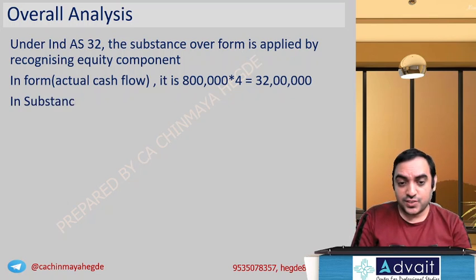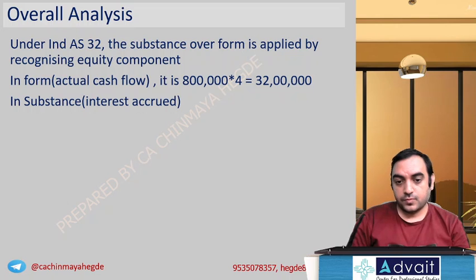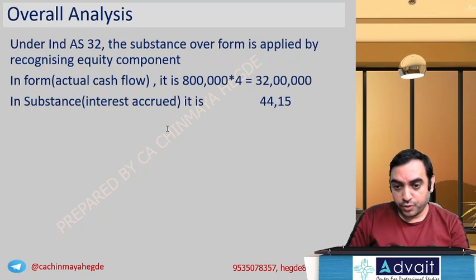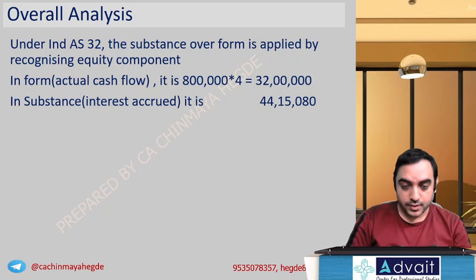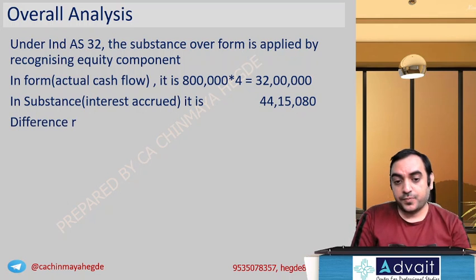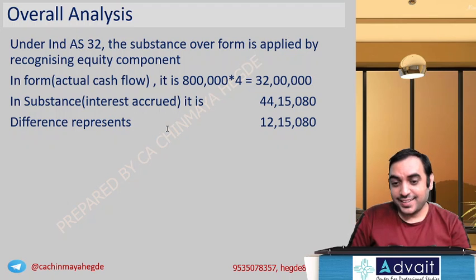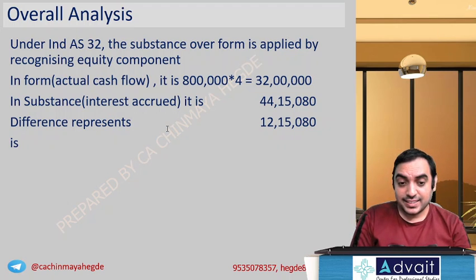In substance, that is interest accrued, we calculated 44,15,080. The difference represents 12,15,080.